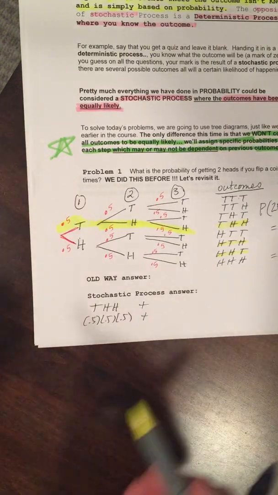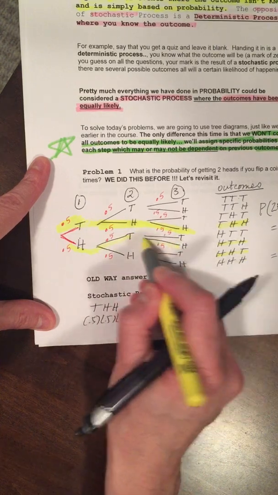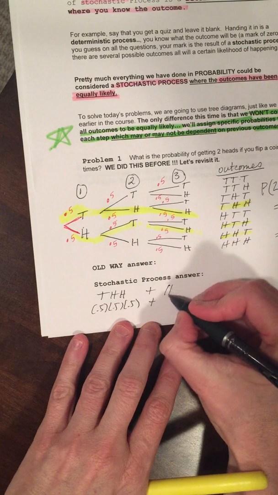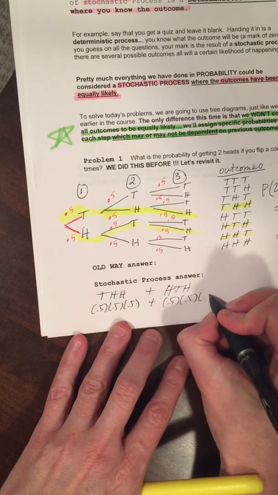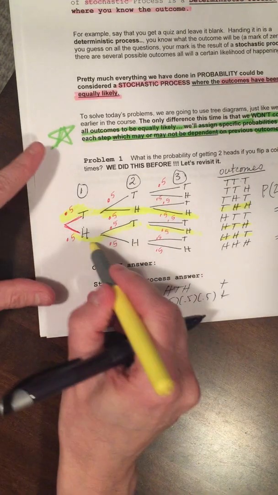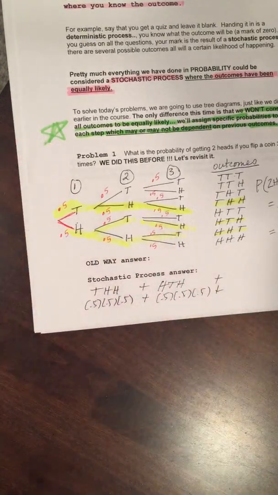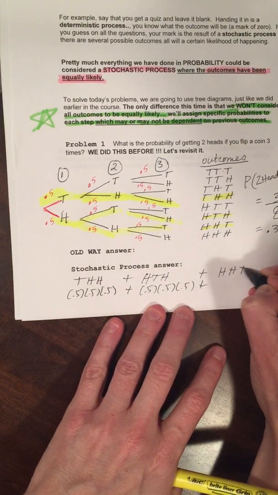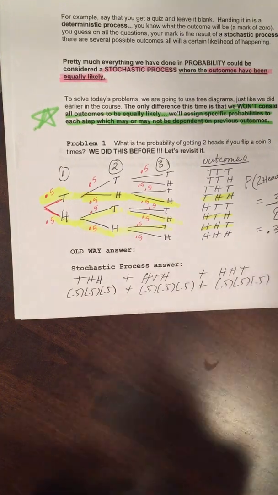I also had this branch right here, and I'm going to call that branch heads, tails, heads, 0.5 times 0.5 times 0.5. And finally, I had this particular branch right here, and I'll call that one heads, heads, tails, 0.5 times 0.5 times 0.5.